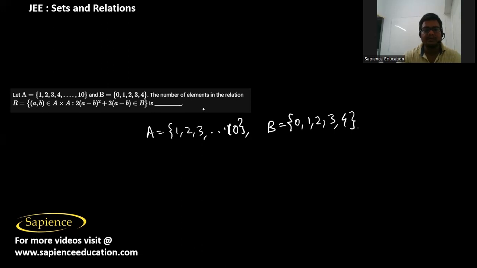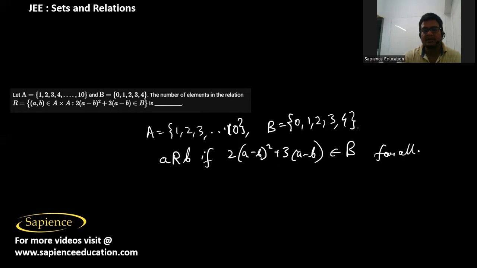The minimum number of elements in the relation are, so here it is told A is related to B if 2 into (A minus B) whole square plus 3 into (A minus B) belongs to B, for all A comma B belongs to the set A.